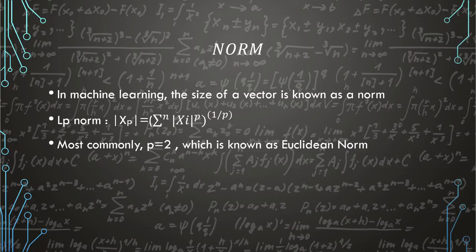And the length of the vector is nothing but the magnitude, which is the root of the sum of the squares of the coefficients of i, j, k. So here x_i is the coefficient, p is the order of the norm, and most commonly we can assume that p is 2, which is basically the Euclidean norm. So in a 2D xy axis, the length of a vector is known as the Euclidean norm.